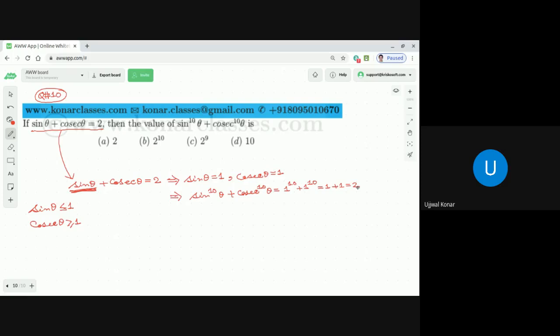Divanshu, is it clear? Okay. So we get the correct option as option A. But you can solve this problem in a different approach also, but that will take a much longer time.